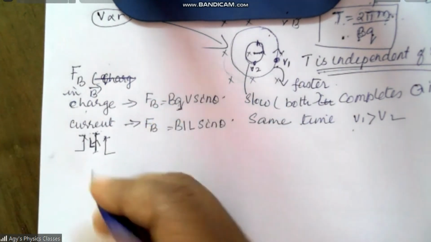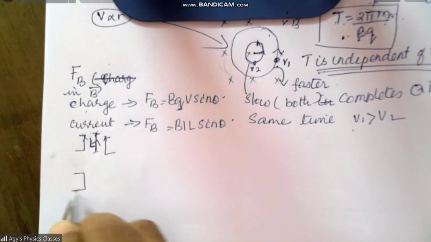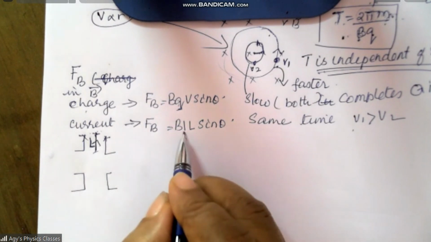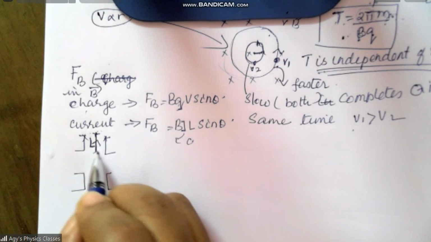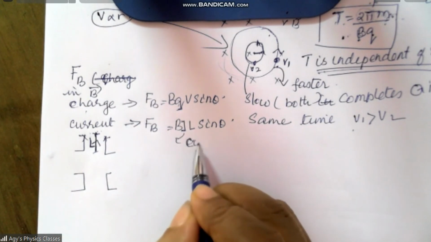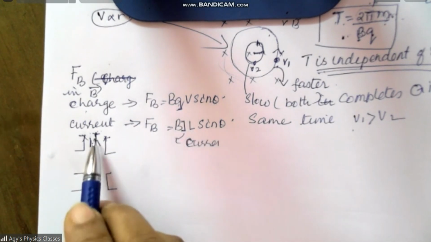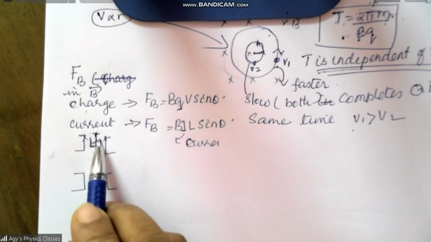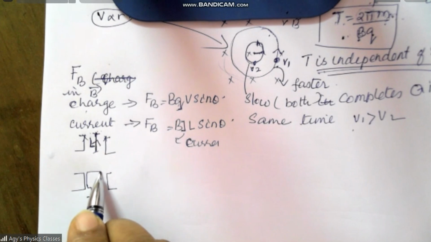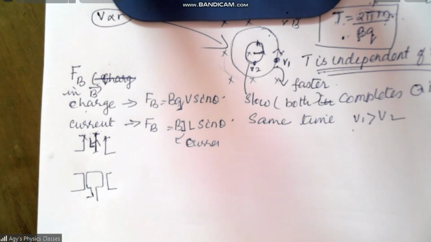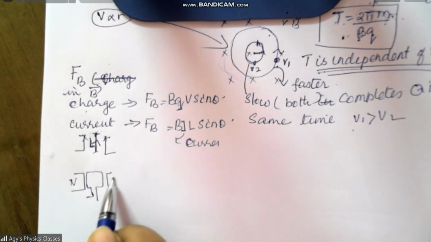Now, if you have got a coil in a magnetic field, I is the current, L is the length of this wire. Now, what if you bend it in the form of a loop?